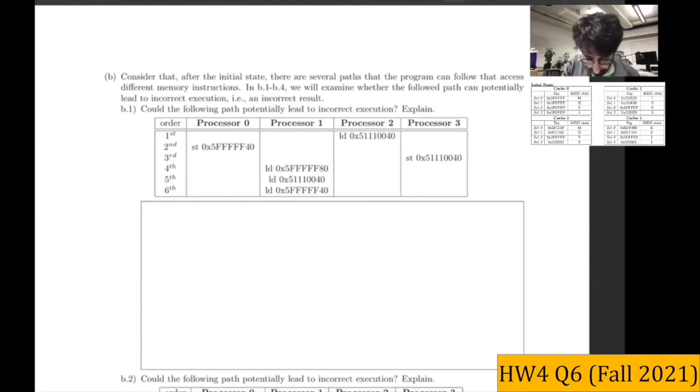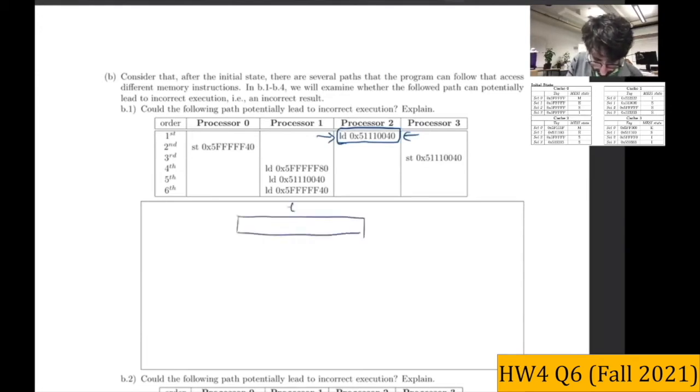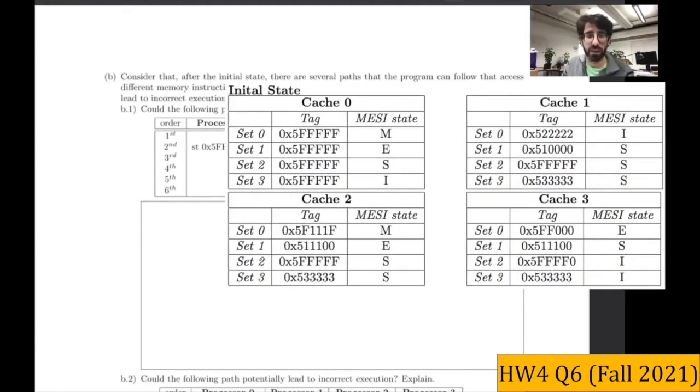So let's start with the first instruction. The first instruction is executed in processor 2. And first we have our tag that is 24 bits, as we can see here.